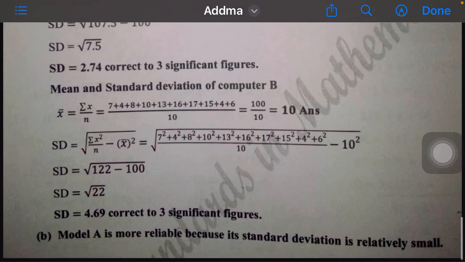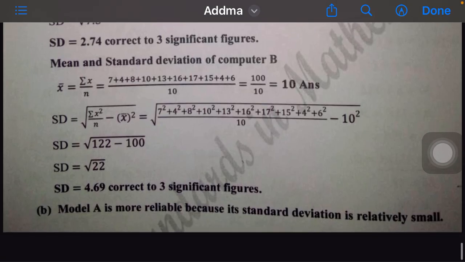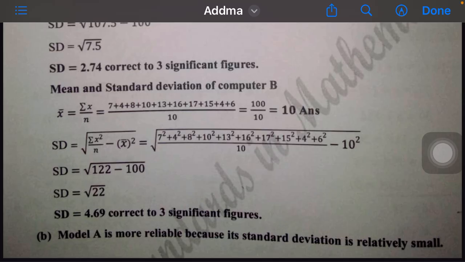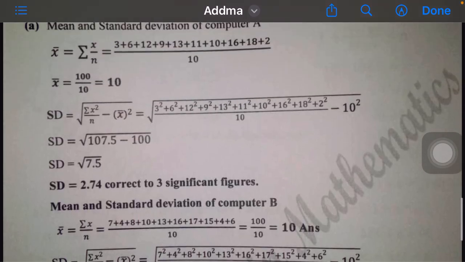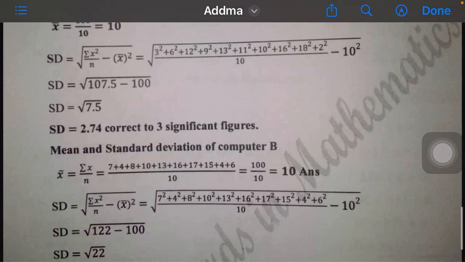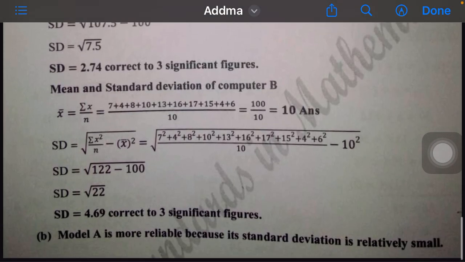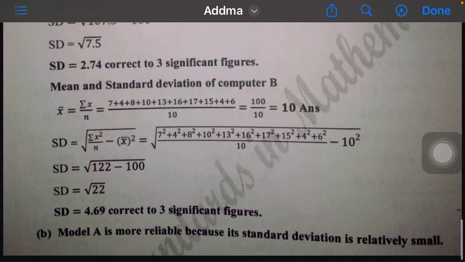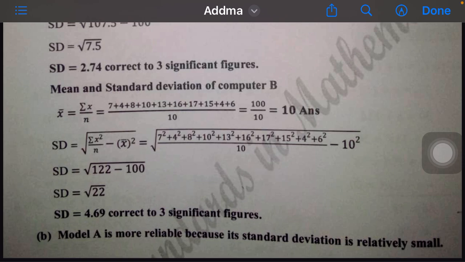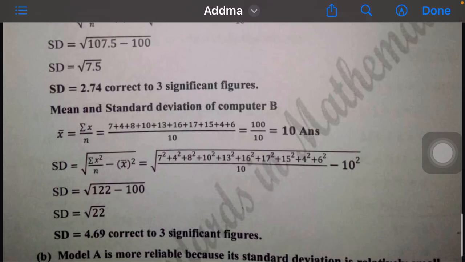Simply, in order for you to determine which computer is more reliable, you need to look at the SD you have found for both type A and type B. After looking at them, you compare which one is smaller and which one is bigger. The smallest is the one we're going to use as reliable. The one with the smallest SD is the one we're going to use as the reliable type.